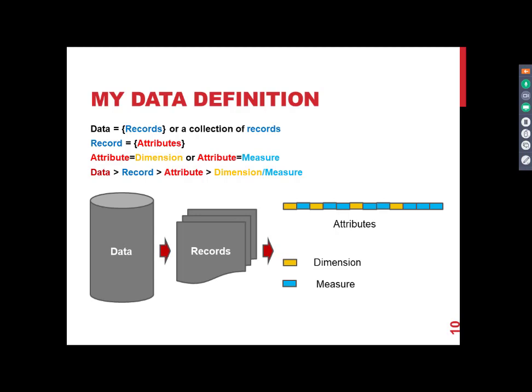In our actual data world, all these attributes are called columns or fields. Each attribute can be either a dimension or a measure. Sometimes they can be both. Each attribute can sometimes be used as a dimension and sometimes as a measure.